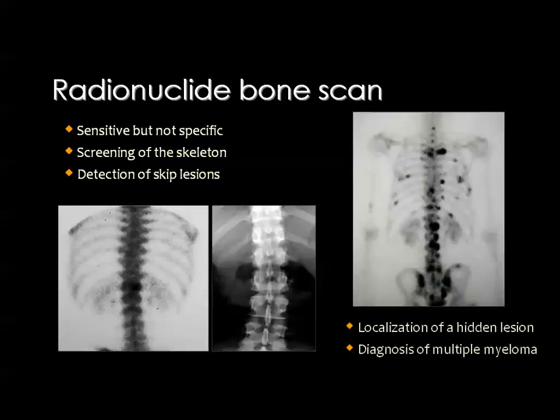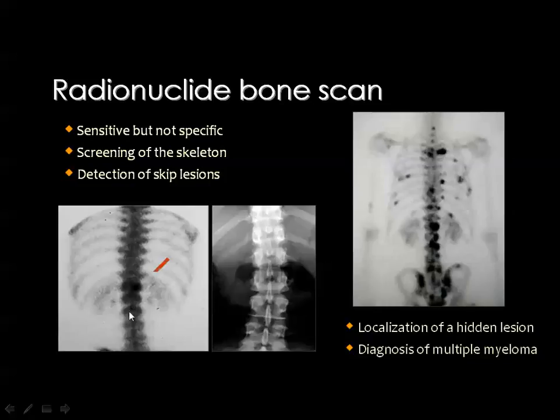Then bone scan, as you all know, is sensitive but not specific. It can show the site of the pathology but cannot predict the nature of the pathology in many situations. If you look at this spine, you cannot easily appreciate the site of the lesion.